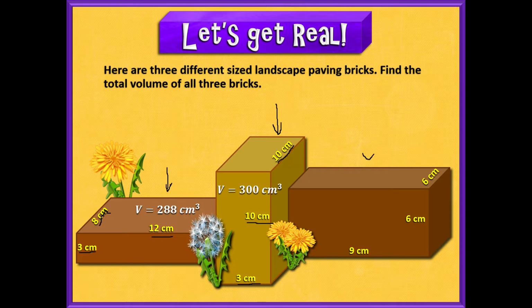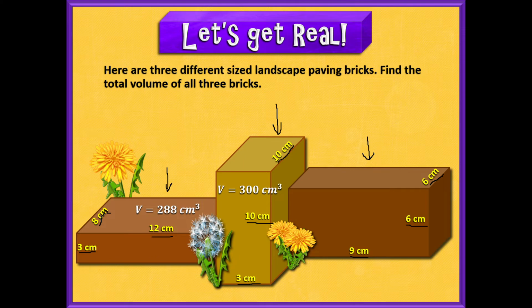Here is our last paving brick. We need to find the volume of this paving brick. So our length is 9 centimeters. Our width is 6 centimeters, and our height is 6 centimeters. Okay, so I know 9 times 6 is 54.